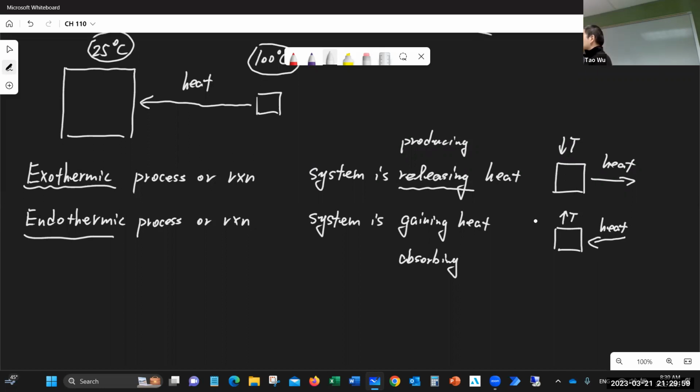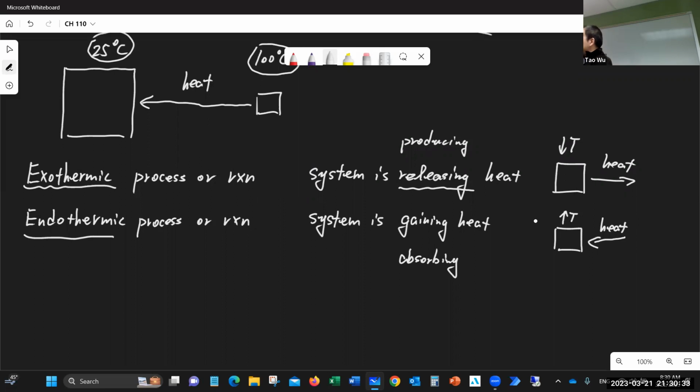If you're talking about your body, then that's an endothermic process, because your body is absorbing the heat. That's why you feel warm, and the temperature of your body is getting higher. But the wood itself is releasing the heat, so for the wood it is exothermic.